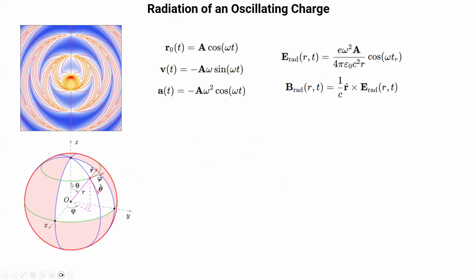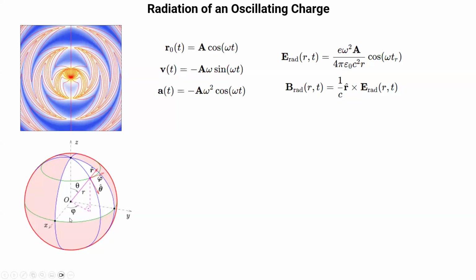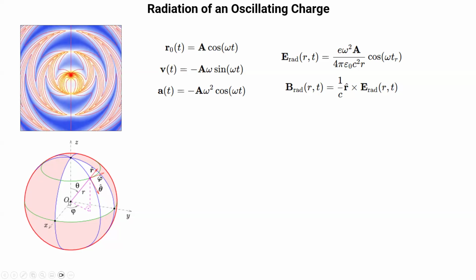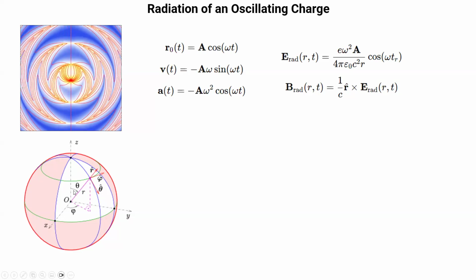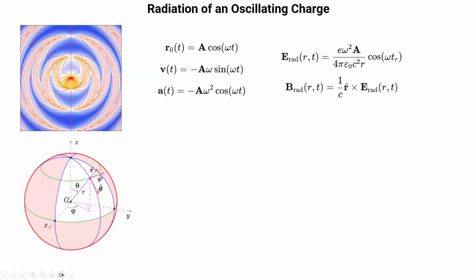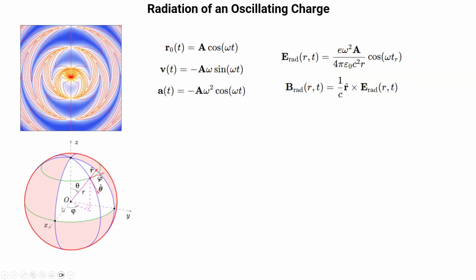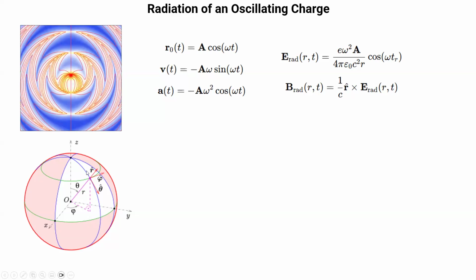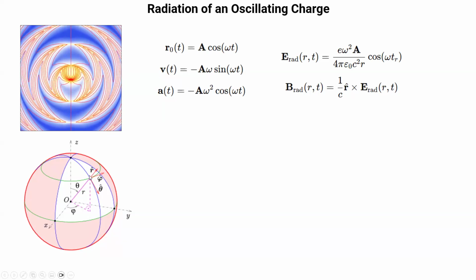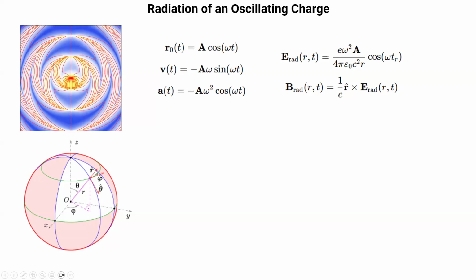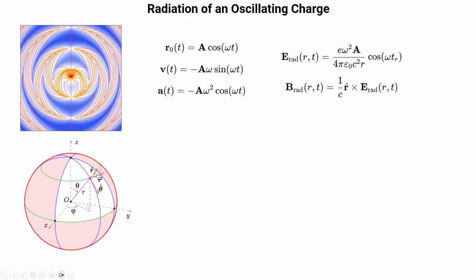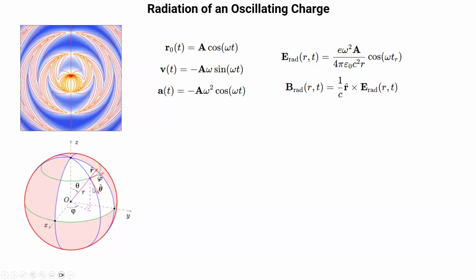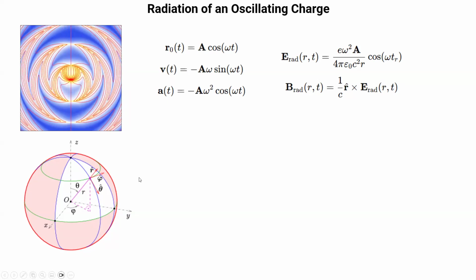To do so, I introduce the spherical coordinate system, with theta counting from the z direction, and I oscillate my charge along the z direction. Phi is the angle counted from the x axis, r hat points outward in the direction of propagation, and theta hat and phi hat are unit vectors on the surface of the sphere.